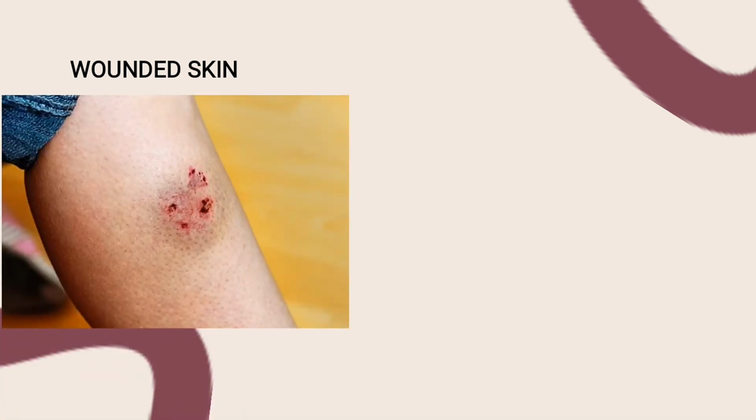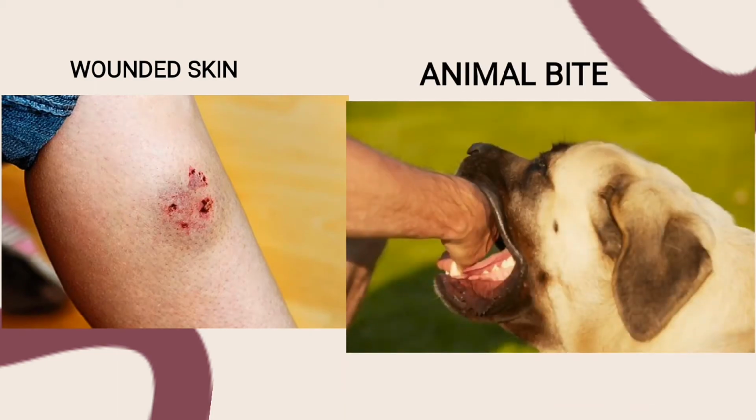Then we also talk about wounded skin. In this aspect of wounded skin, it talks about when we have bruises or cuts on our skin. It can bring about the passage of microorganisms into the skin. So when we have a cut, ensure that it is properly treated. Then we have animal bites.